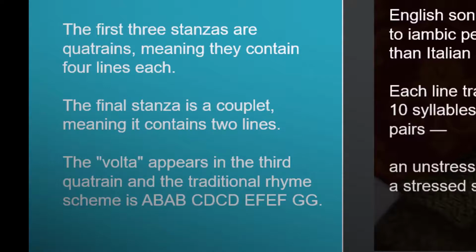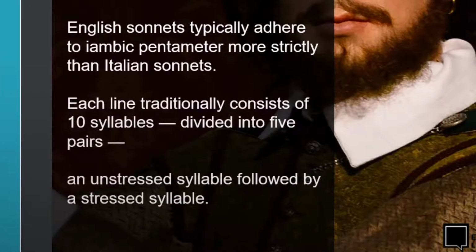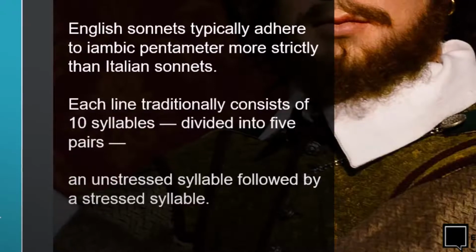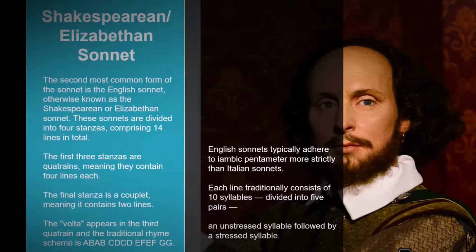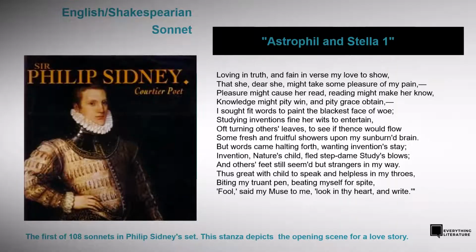Okay, the English sonnets typically adhere to pentameter more strictly than Italian sonnets. Each line traditionally consists of 10 syllables divided into 5 pairs. Remember, an unstressed syllable followed by a stressed syllable. Okay, wow. Now with that, let's take a look at Sir Philip Sidney's poem, Astrophil and Stella.